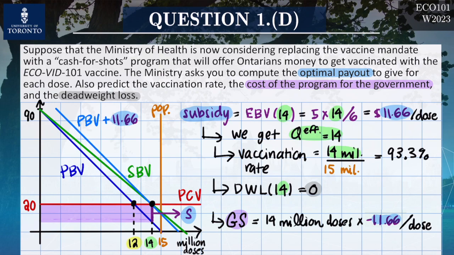And we have, of course, negative government surplus. These are expenses of $163,240,000 in order to pay this subsidy to people in exchange for getting vaccinated. So that is it. We are done for this exercise.